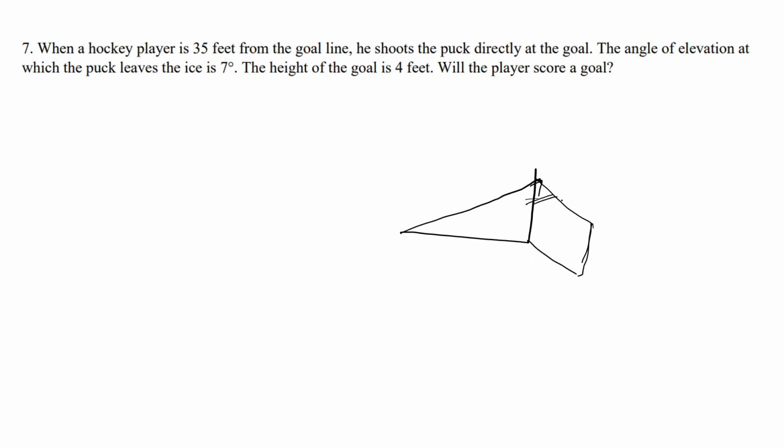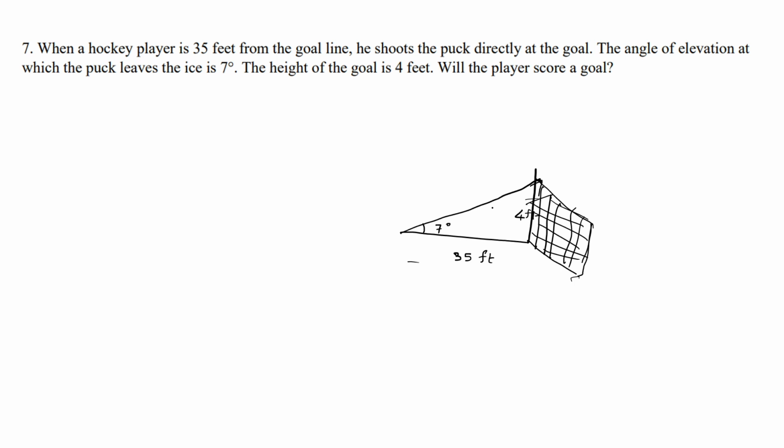So let it be some goal. Okay. So when a hockey player is 35 feet from the goal line, it is given by 35 feet, and the height of the goal is given by 4 feet, and the angle is 7 degrees.